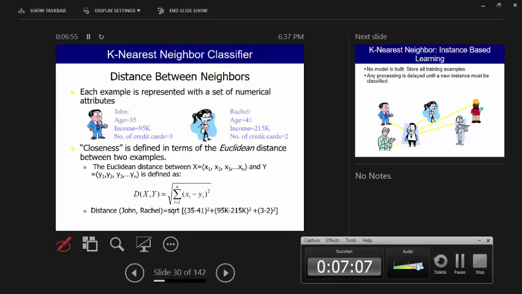So, what is the distance function? A typical distance function is this. We have the distance between x and y, two objects. Each object can be described by n features, so y also has n features.